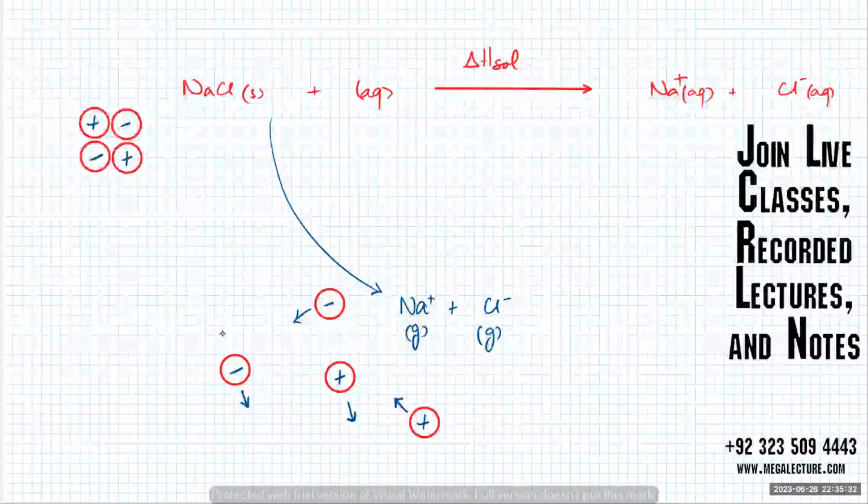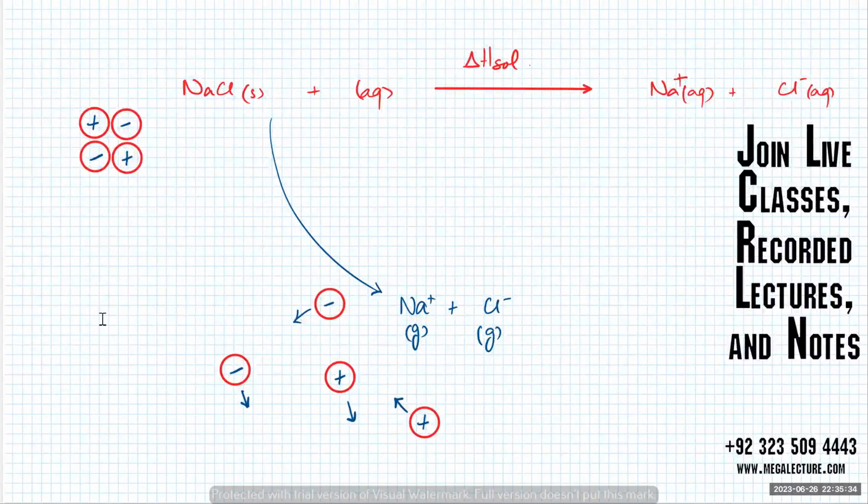And what is this step, by the way? What is the name of this step? You've got an ionic lattice and you've broken the lattice and turned it into gaseous ions. So what is that called? Is it vaporizing? No, that's the opposite of lattice energy.